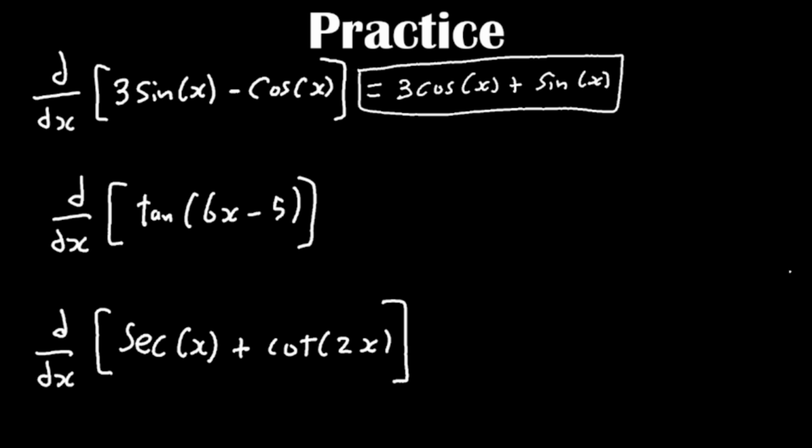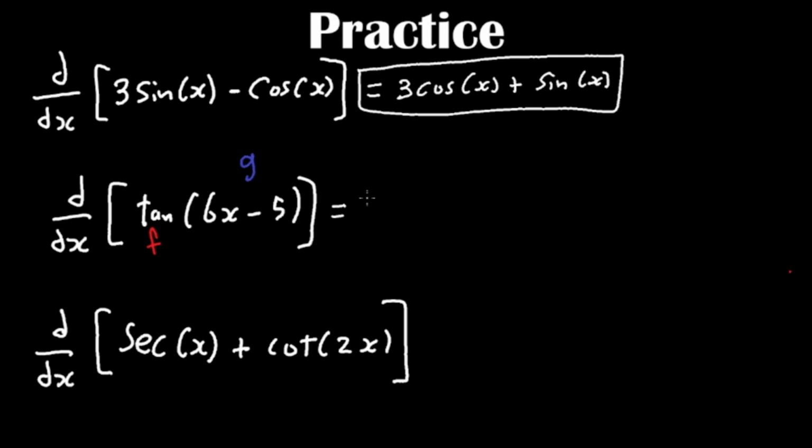Alright, for this one, we're going to need a little bit of chain rule. So our outside function is tangent of x, and our inside function is 6x minus 5. So, we're going to do the derivative of the outside evaluated at the inside, all times derivative of the inside. So let me just write. Let's say this is f, that's our outside, and our inside is g.